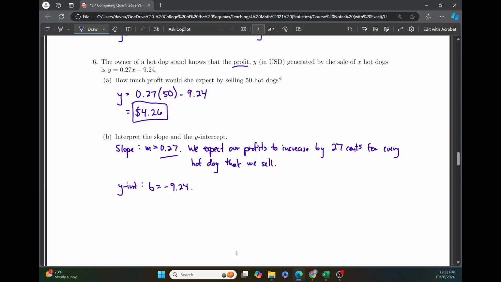If x is 0, in this case that means that you didn't sell any hot dogs, right? So if we sell 0 hot dogs, we lose $9.24.